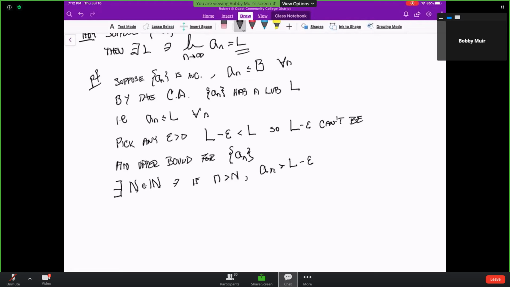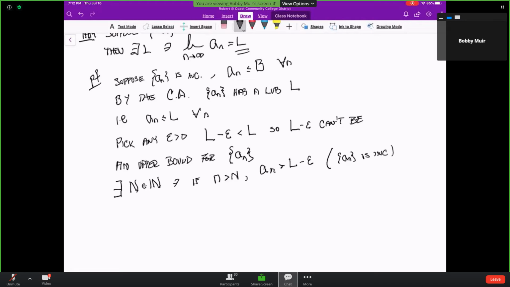Recall that the sequence A_n is increasing, and so as soon as it gets past L minus epsilon, it's not coming back.